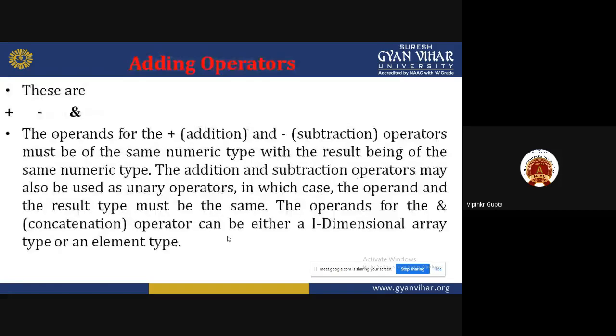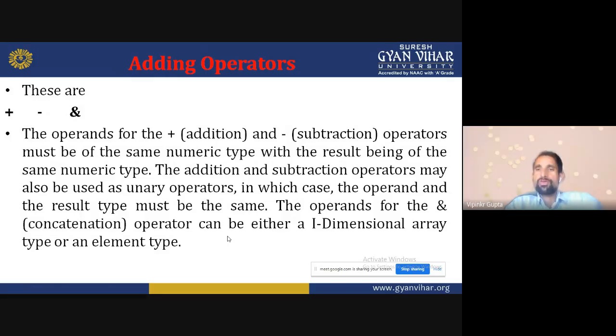Adding operators. As the name suggests, we are doing addition. Which operators are we using? Addition, subtraction, that is plus, minus, and the ampersand, which is used for string purposes. The operands for the addition and subtraction operators must be of a numeric type, with the result being of the same numeric type.